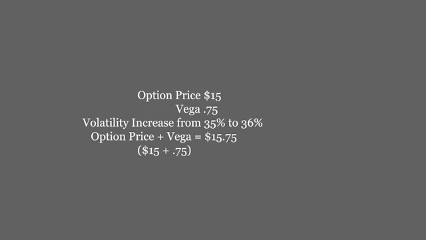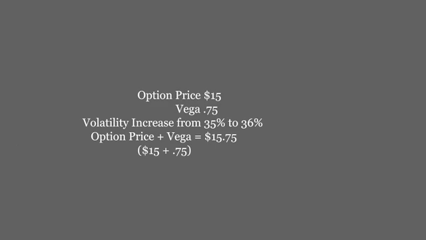But what about decreasing? Well, let's take the same price of that option, $15. Vega is the same as the last one, 0.75. Volatility decreases, right? But in this case, it decreases 2 percentage points. So now you're going to take that option price, $15, and you're going to subtract the Vega measurement, in this case 75 cents.